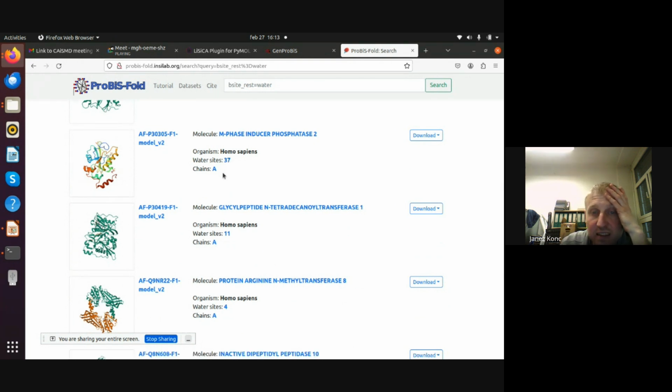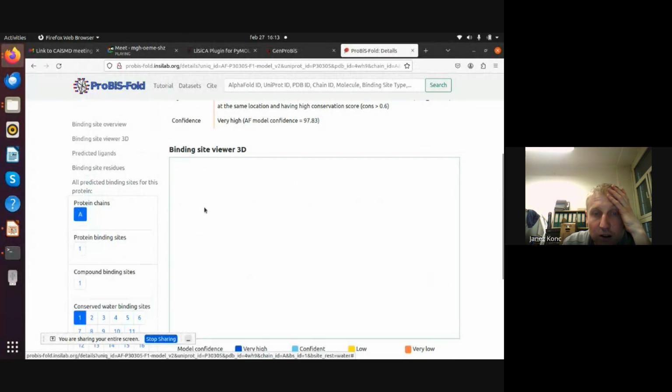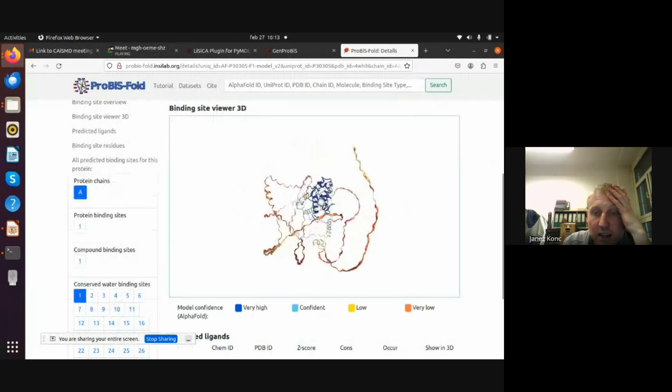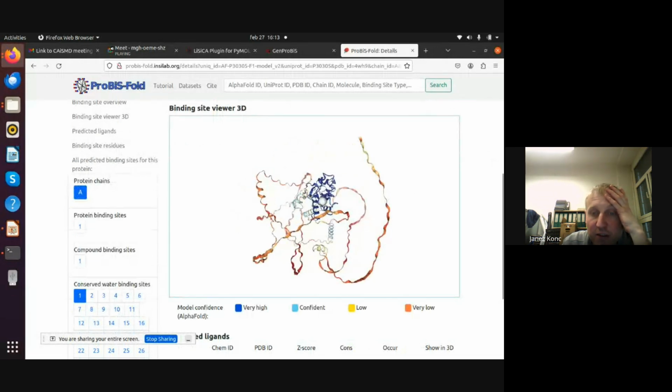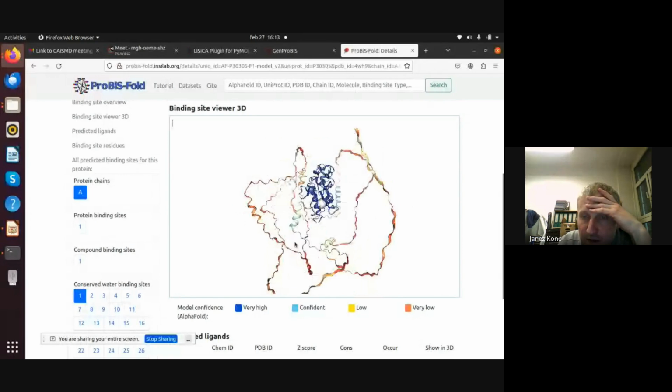This is interesting. Let me turn on these binding sites. We just look at the binding site viewer in 3D. These AlphaFold proteins are composed of regions that are very well folded, and some regions around them that are not very well folded. These are the ribbons around the protein.